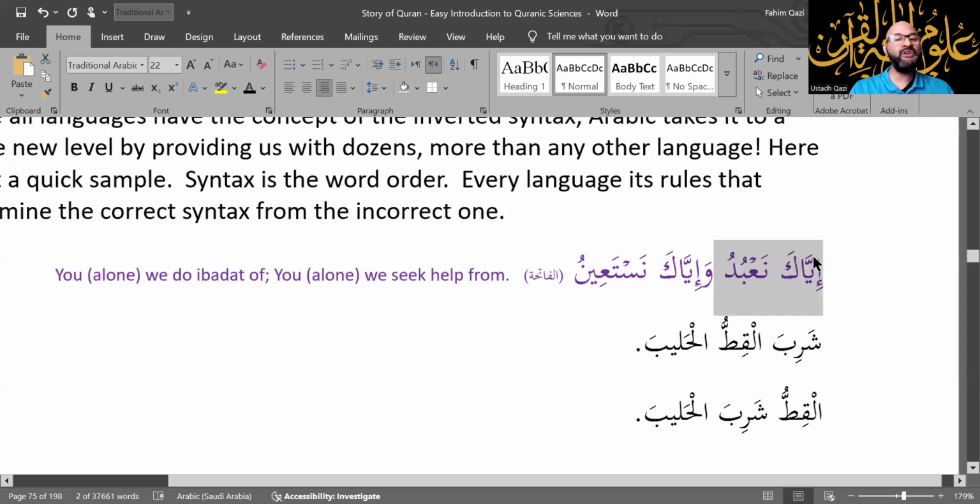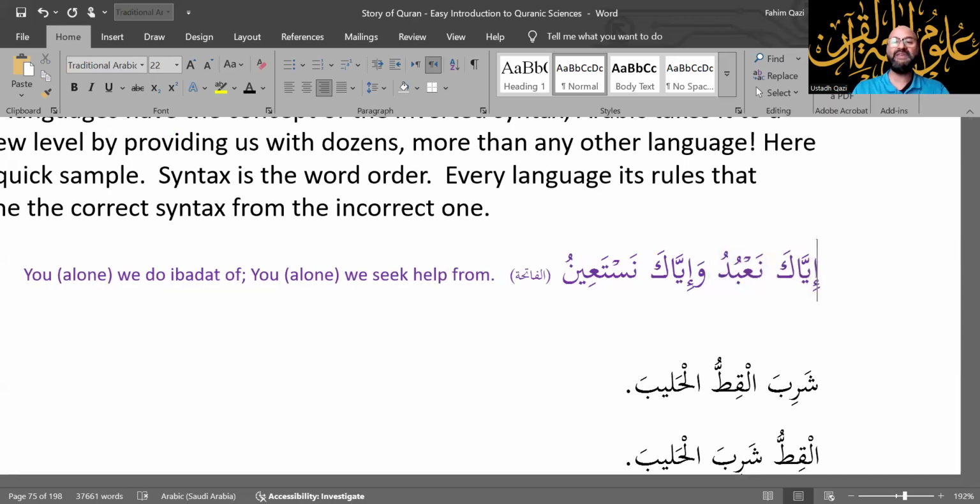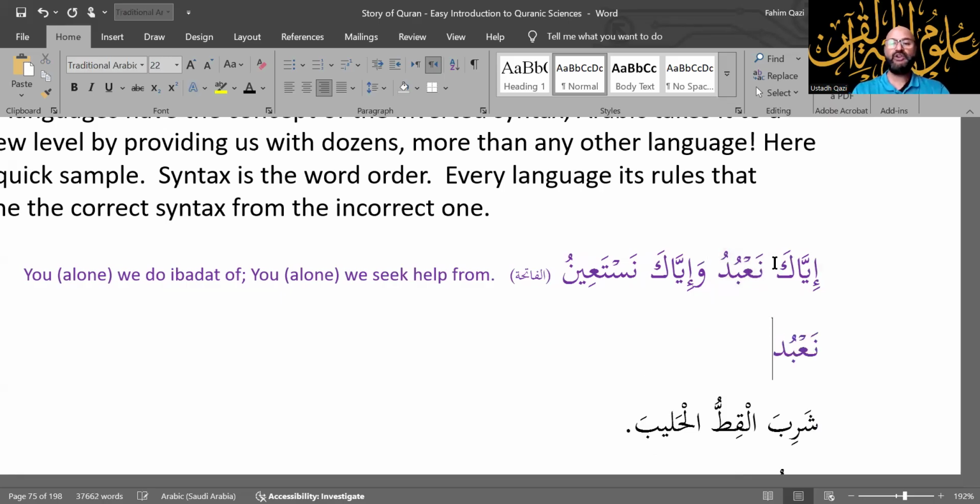Iyaka na'budu is not the normal syntax. The normal syntax would be to put the verb first, because it's a verbal sentence. The normal syntax would be to say na'buduka. Okay. It means we do ibadah of you.